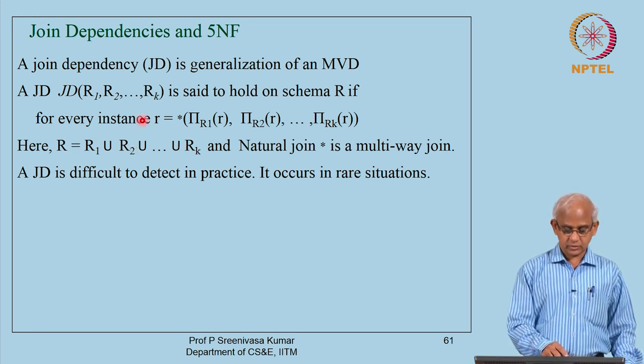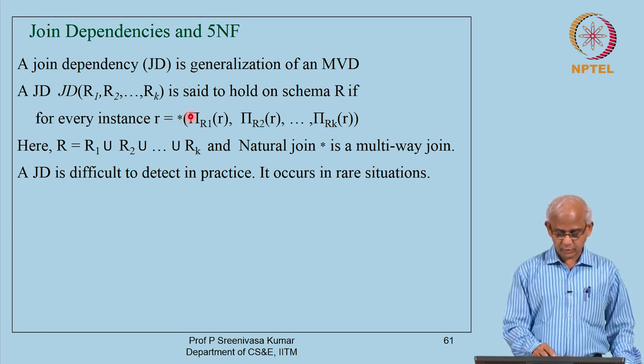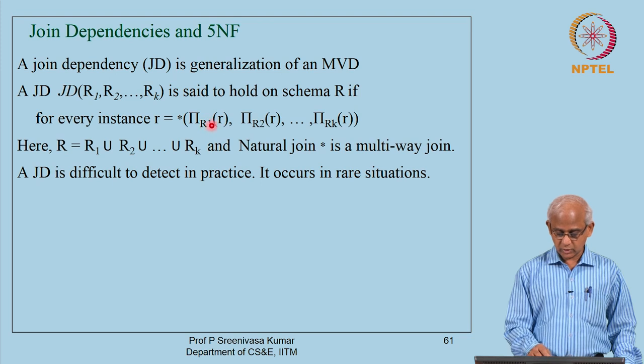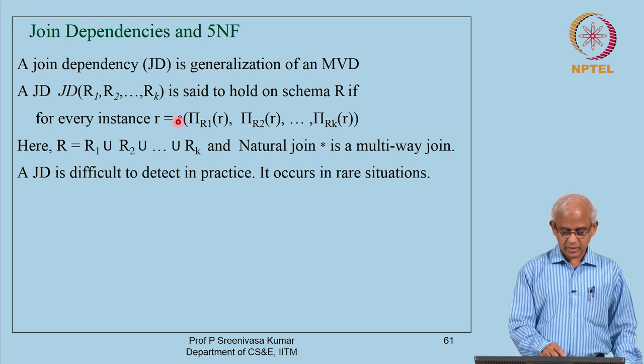So, for every instance of R, if it so happens that you project R onto R1 R2 Rk, and then do a multi-way natural join, you get back your R. Okay.